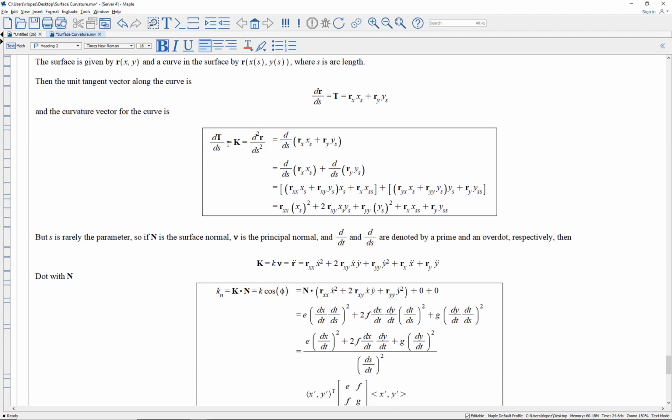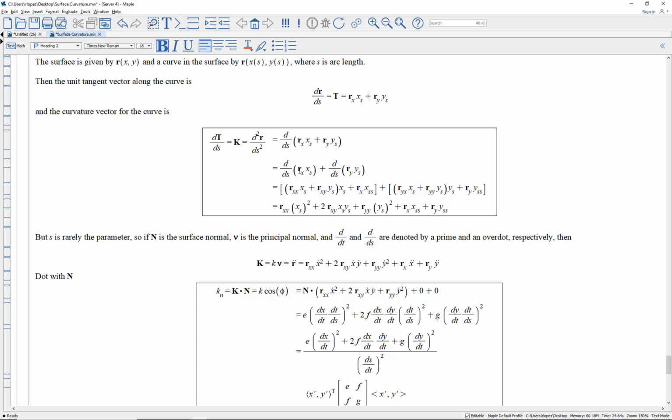The curvature vector is dT/ds. So you have to take the derivative of this vector with respect to s. This is what you're differentiating. This is a product, so let's split that. You have the derivative of this product and the derivative of that product, and you're going to use the chain rule. You have the derivative of this factor with respect to x, and you pull out another dx/ds.